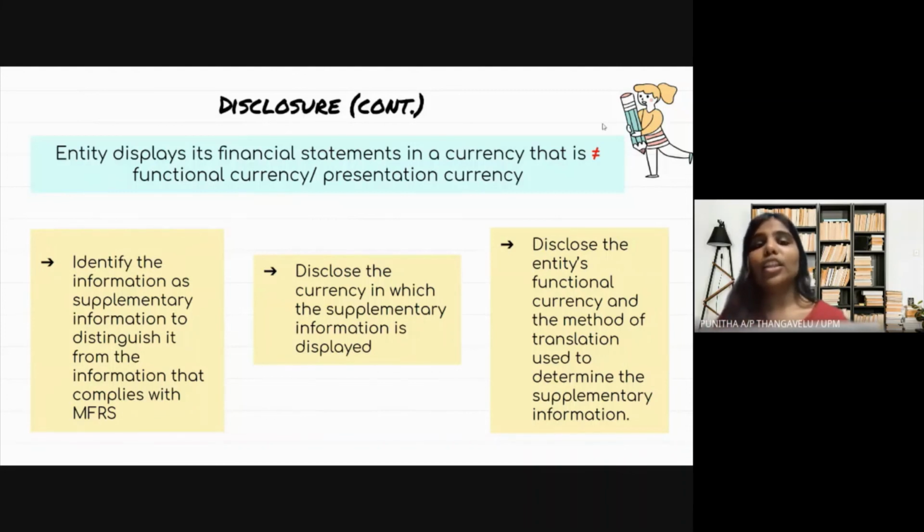Second, the entity should disclose the currency in which the supplementary information is displayed. Third, the entity should disclose the entity's functional currency and the method of translation used to determine the supplementary information.